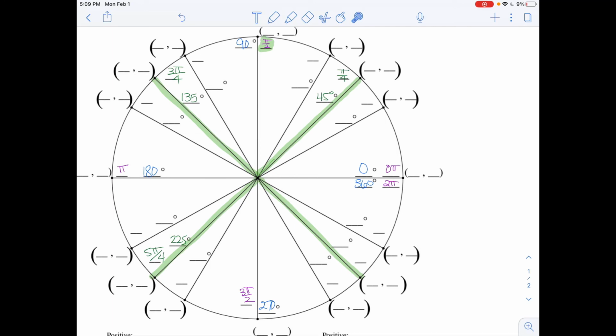Add another 45, we get 270 degrees or 6 pi over 4, which reduces to 3 pi over 2. Add another 45 degrees and we get 315 degrees or 7 pi over 4. And then add another 45 degrees, we get 360 or 2 pi. Okay, let's go ahead and label the rest.